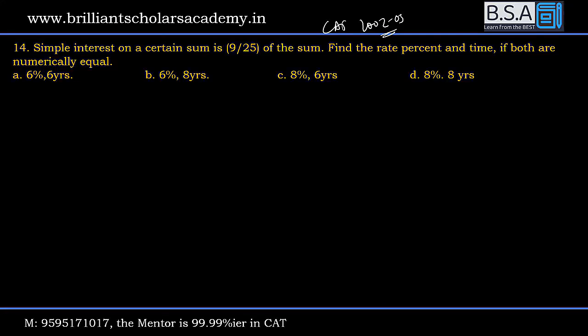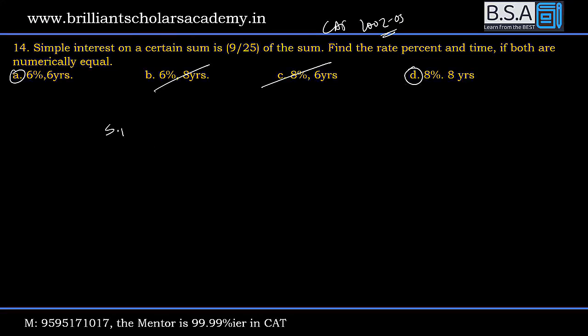If you simply look at answer options, we are telling you that rate of interest and the number of years both are the same. It can never be these answer options. It is either this one or this one. So what am I trying to verify?